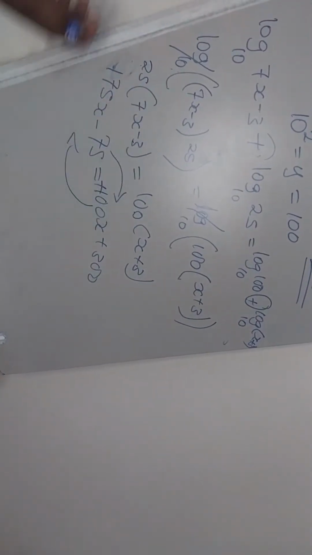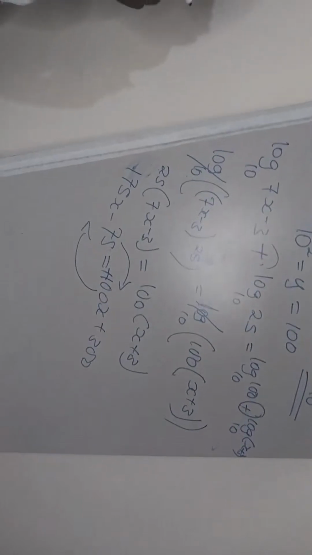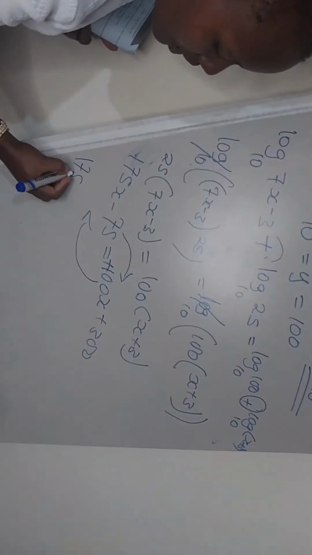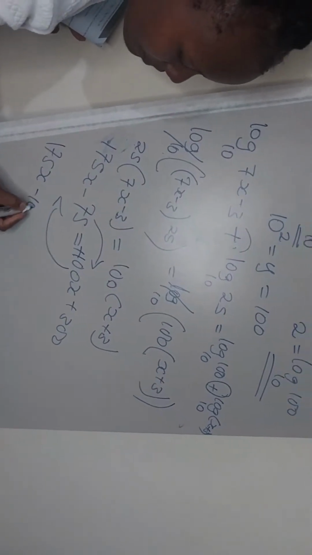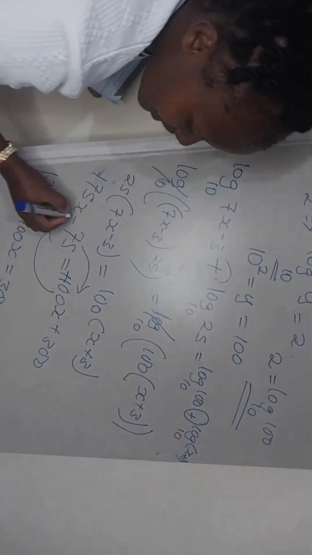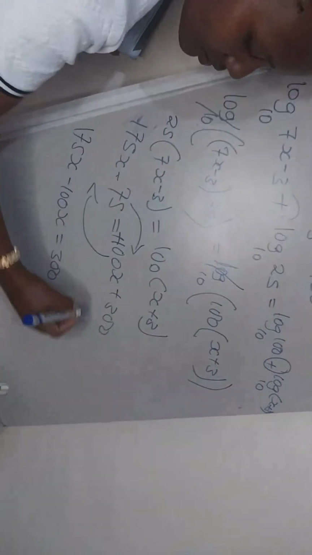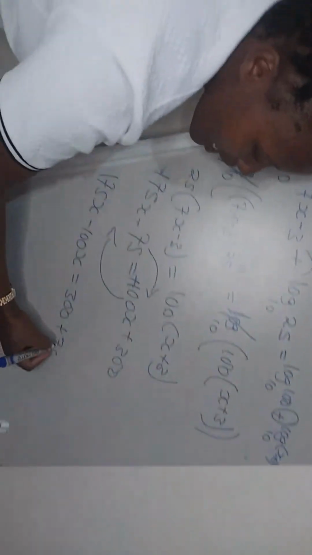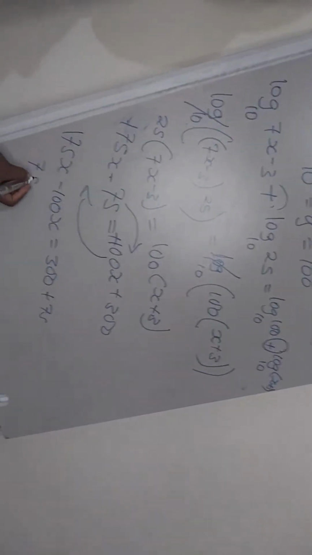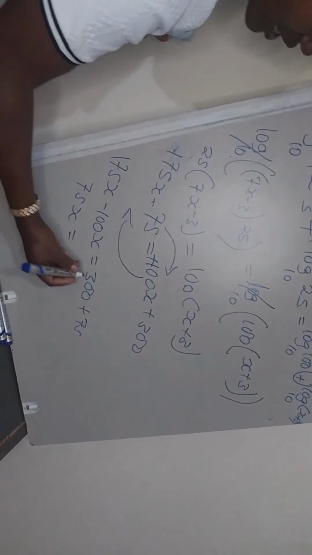When plus 100x crosses the equal sign, it will change to minus. So this simply becomes 175x minus 100x is equivalent to 300. This is minus; once it crosses the equal sign, it becomes plus. Good. So this simply becomes again 75x is equivalent to what?